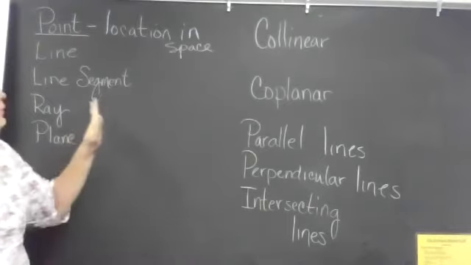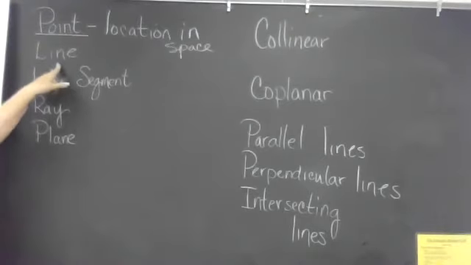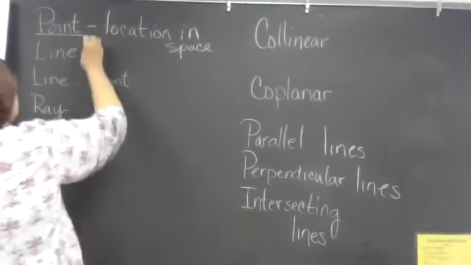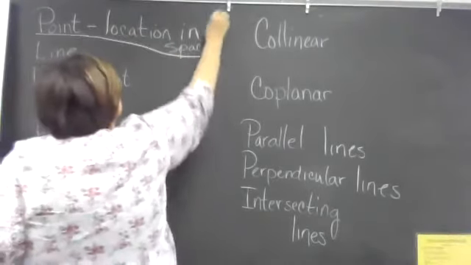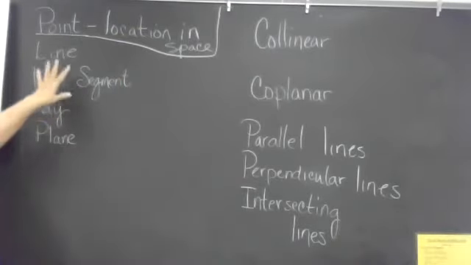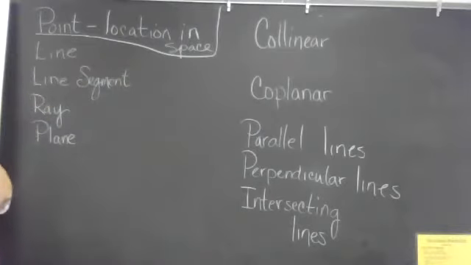Now, what I want to explain to you here is really kind of neat. When they explained it to me the first time, a line is a set of points. Listen to it and try to write it because I'm not going to have enough room. A line is a set of points that extends indefinitely in both directions.